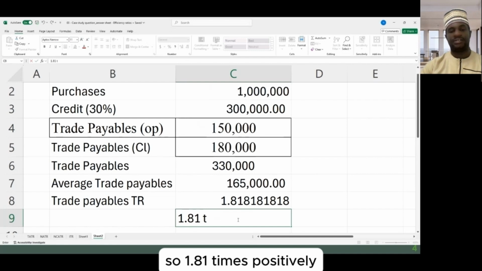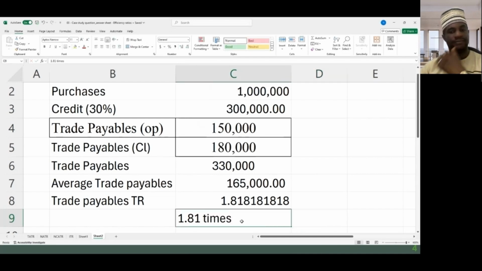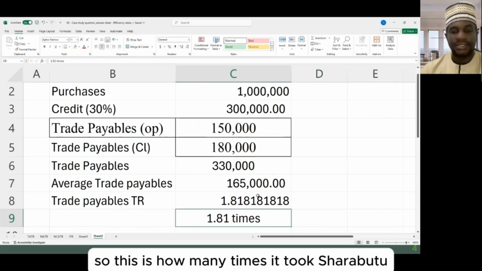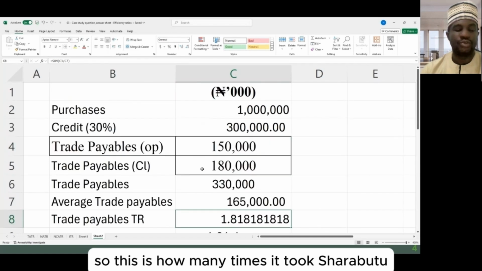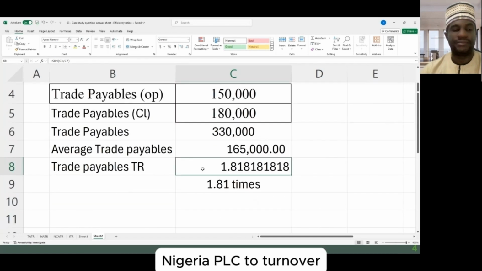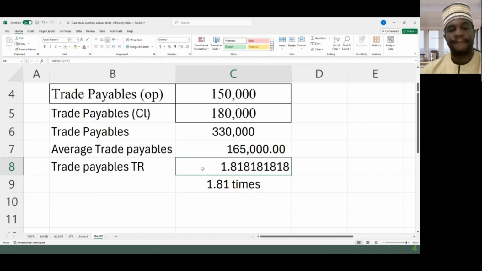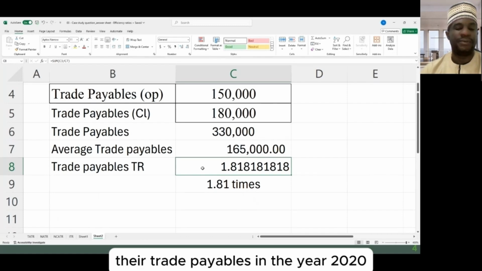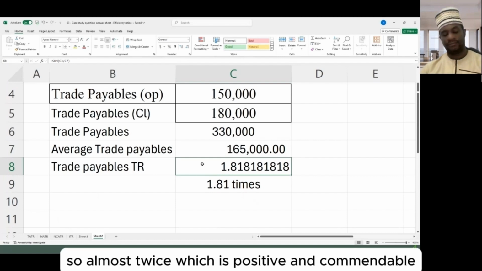So this is how many times it took Sharobutu Nigerian PLC to turn over their trade payables in the year 2020. So almost twice, which is positive and commendable.